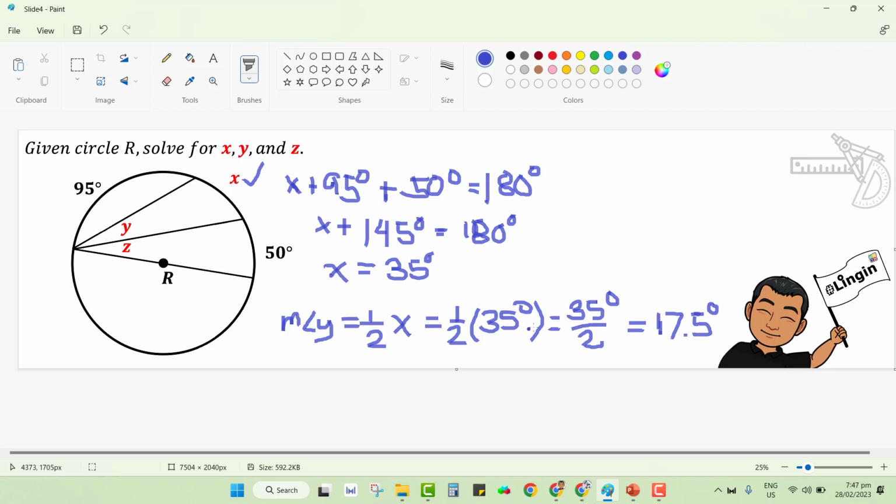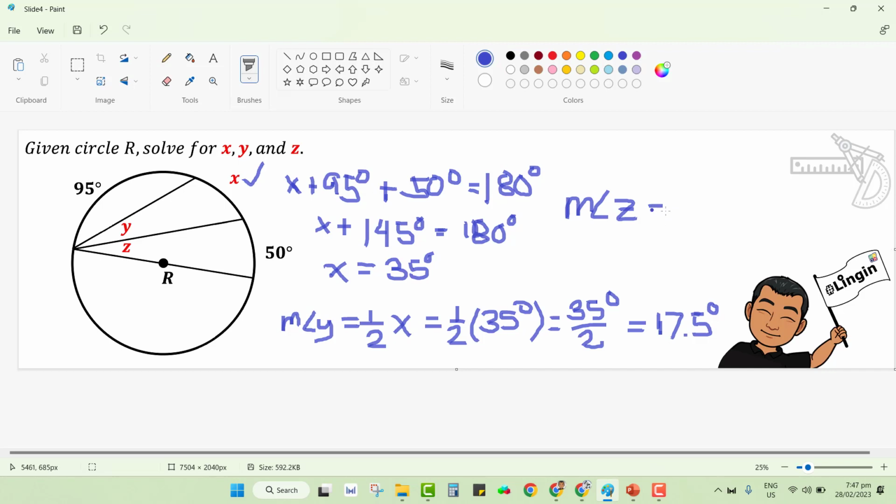Now that we have cleared the relationship of the measurement of an inscribed angle to its intercepted arc, we could also draw the same understanding as we look further at the measurement of angle Z. Angle Z is an inscribed angle intercepting this arc, which measures 50 degrees.